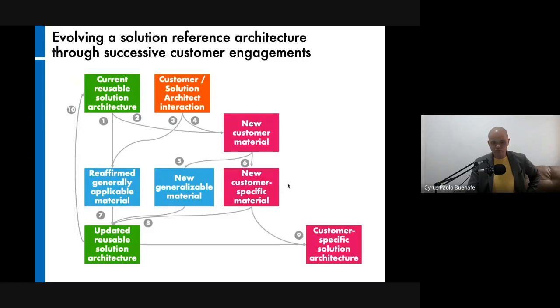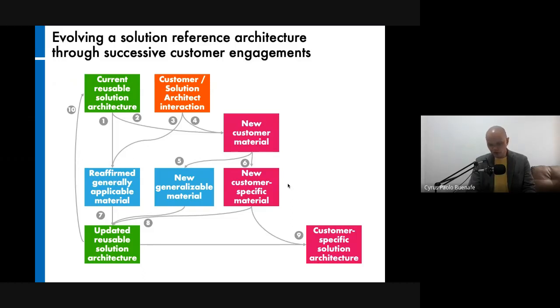Okay, so this is the evolution of how you can come up with a solution reference architecture through successive customer engagements. We've actually seen 1, 2, and 3 and 4 at the start, and of course 5 and 6 can be blown up towards the end of our cycle later on.